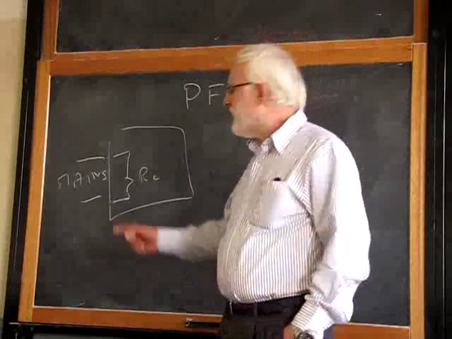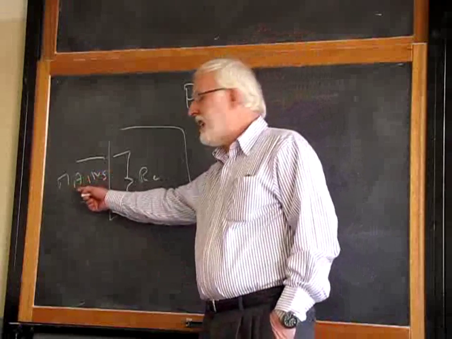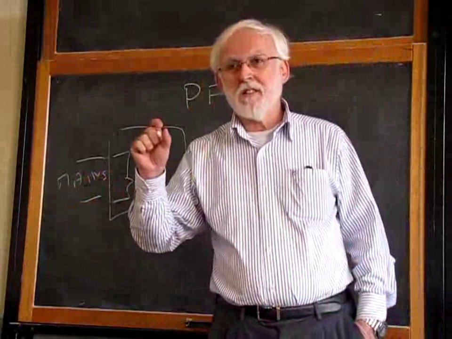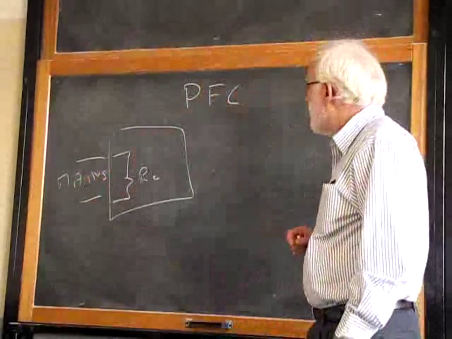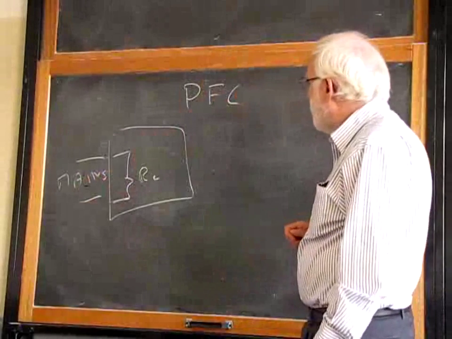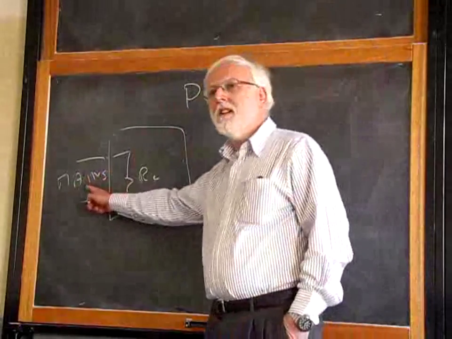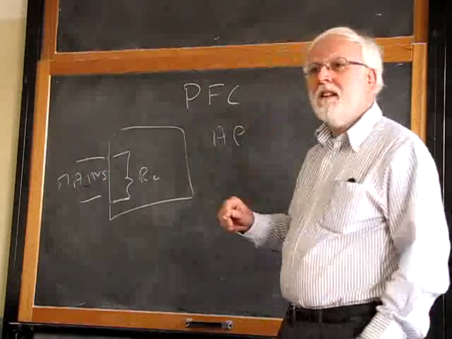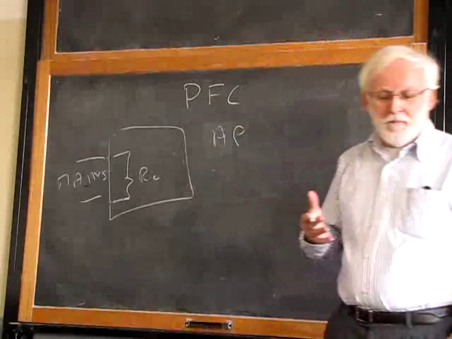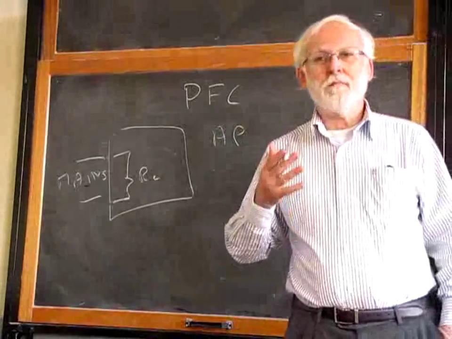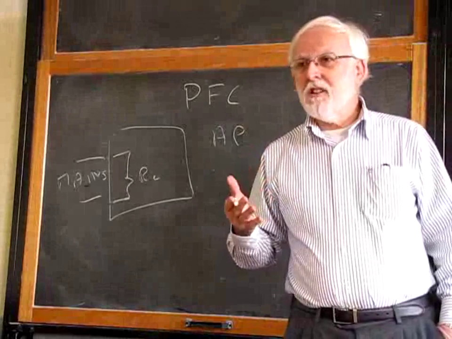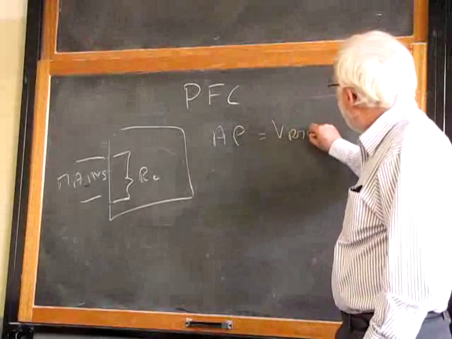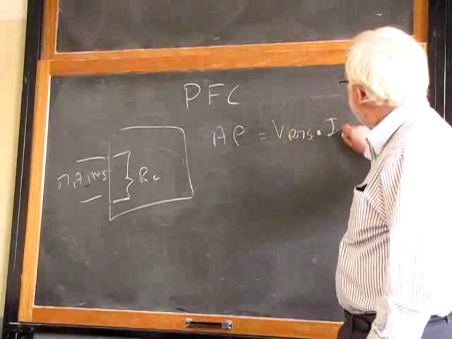If you take harmonics from the mains because your load is non-linear, with diodes and capacitors, it's the diode plus capacitor that makes the mess. We saw that the apparent power, which is what the electricity provider must pay for in terms of transmission lines, transformers, generators, etc., equals V RMS times I RMS.